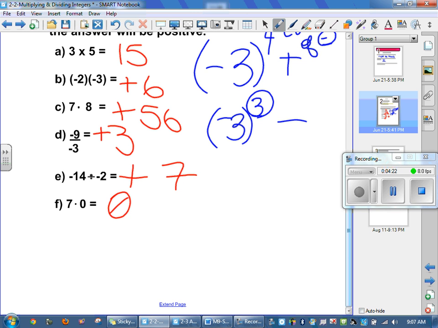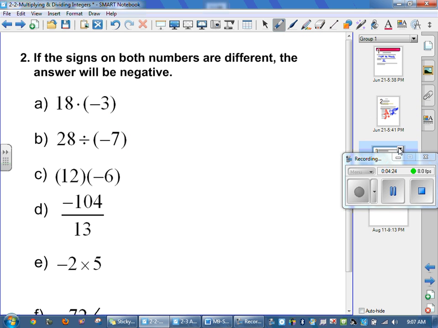Okay, let's look at the next one. If the signs on both numbers are different, or an odd number of negative signs, the answer will always be negative.